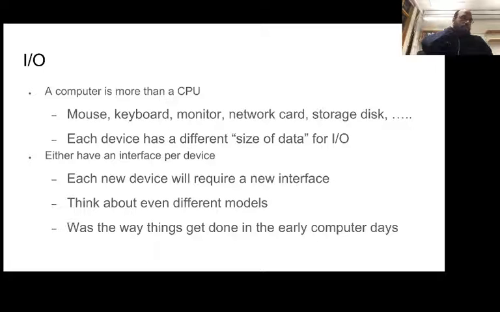That basically means if you're trying to access one of these devices, you might come up and say, okay, I should have a syscall that reads from keyboard, a syscall that prints to monitor, and a syscall that sends to the network card, and so on and so forth.